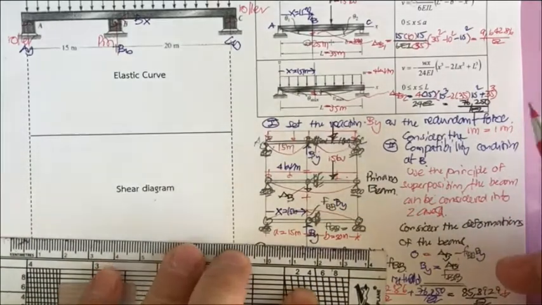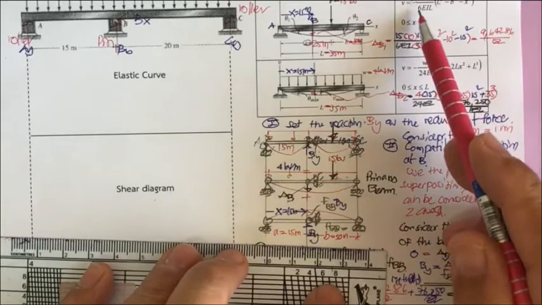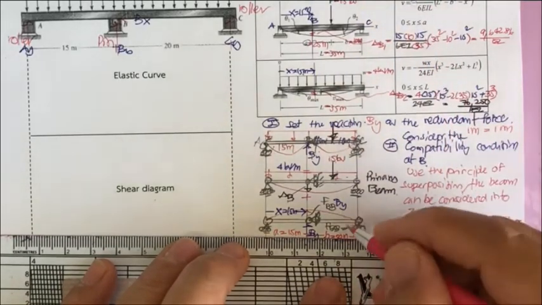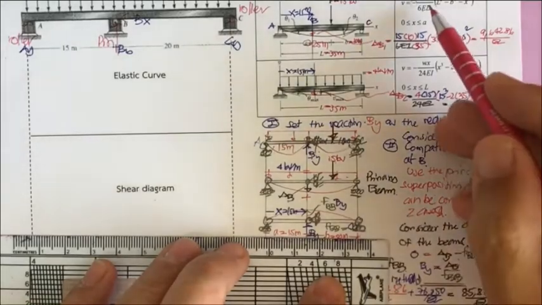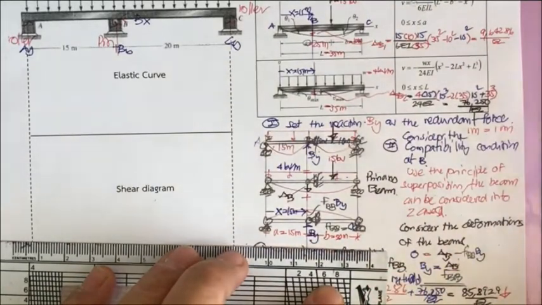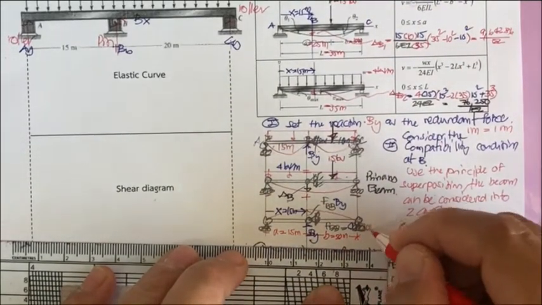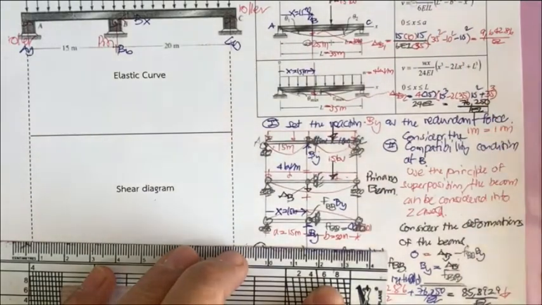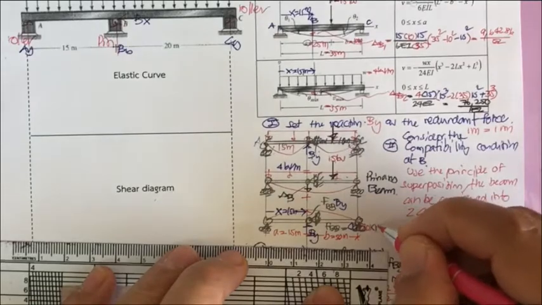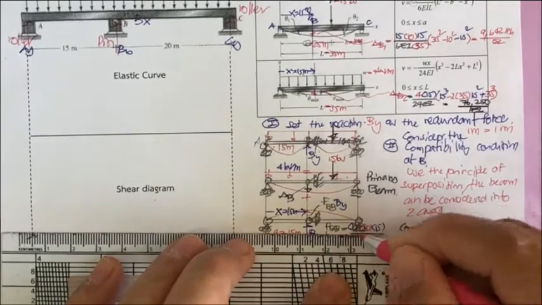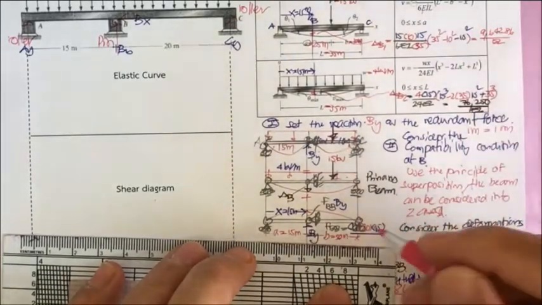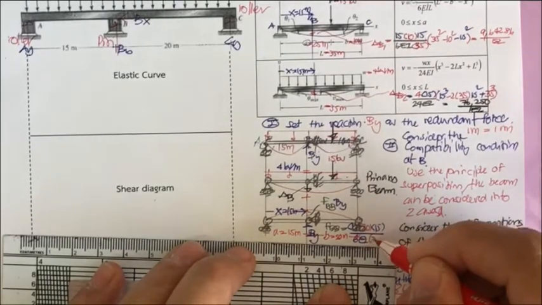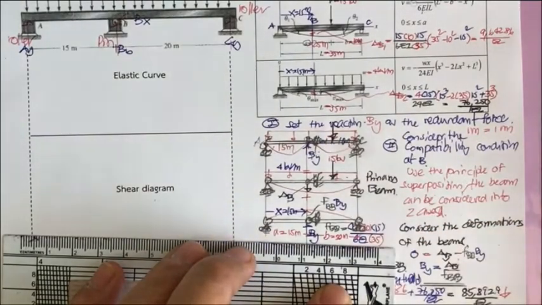Now you may put everything into this equation again, but this time P equal to 1 and b is 20, and x is going to be 15, and then that is going to be divided by 6 EI L, and L is going to be 35.